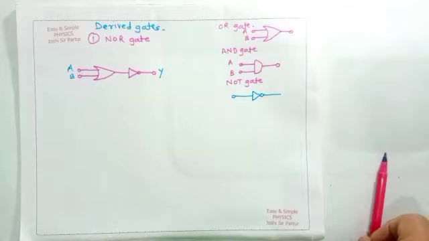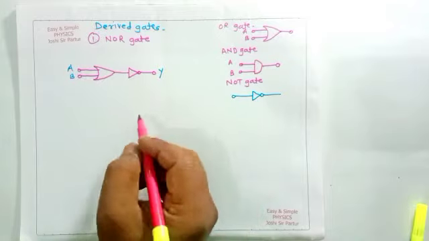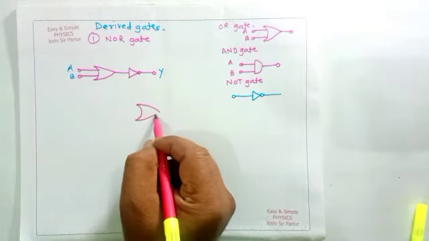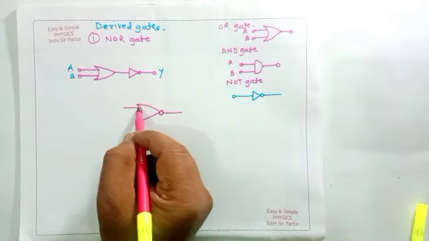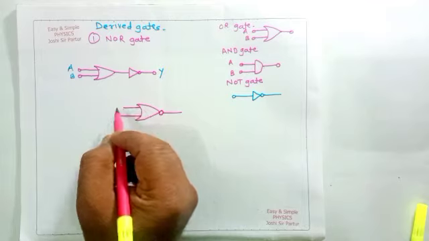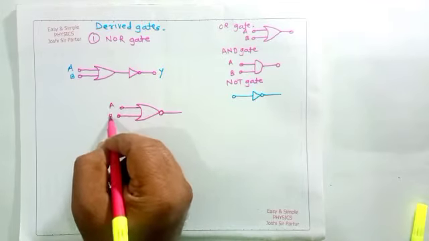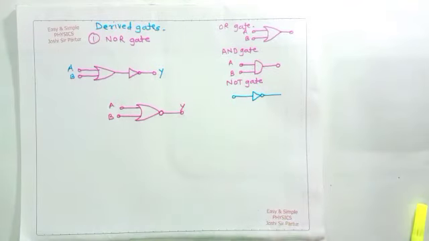The symbol for the NOR gate is like this. This circle represents the NOT gate. This is the symbol for the NOR gate.